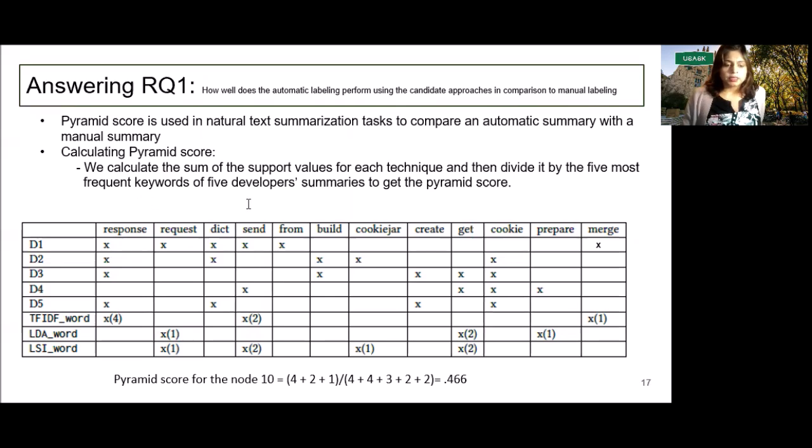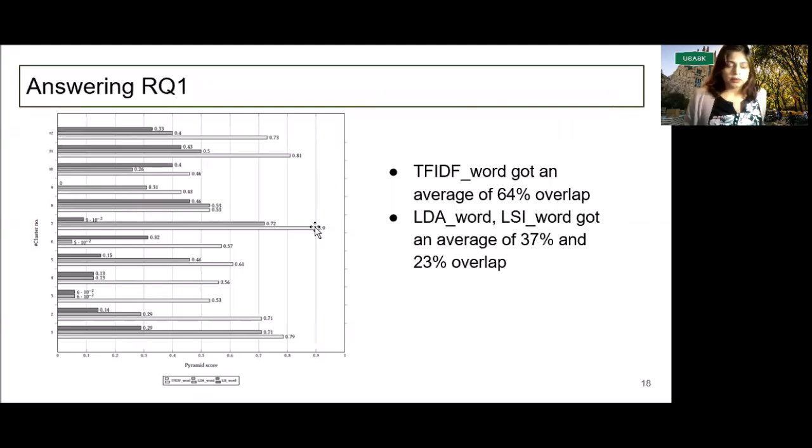Here, a greater pyramid score means that the automatic naming matches more with developers' suggested names in our case. Our result shows that the TF-IDF word variation got an average of 64% overlap. So developers' input matched mostly with the TF-IDF word variant technique.